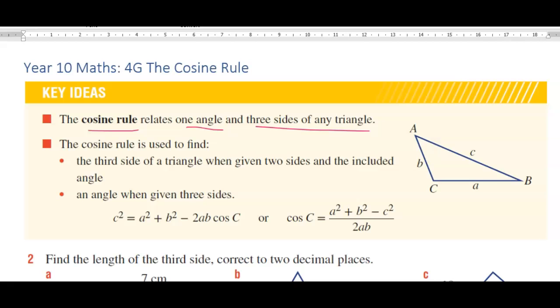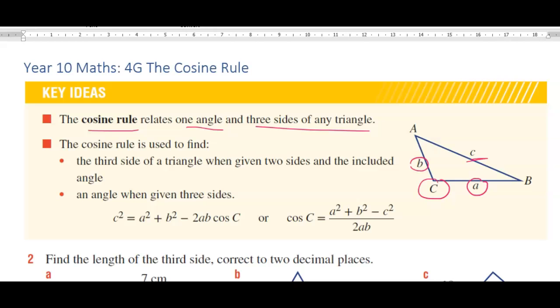The cosine rule is used to find the third side of a triangle when two sides and the included angle are given. So that just means if you have angle C, A, and B, the included angle is just between two known sides, and you'd probably use it to work out lowercase c.